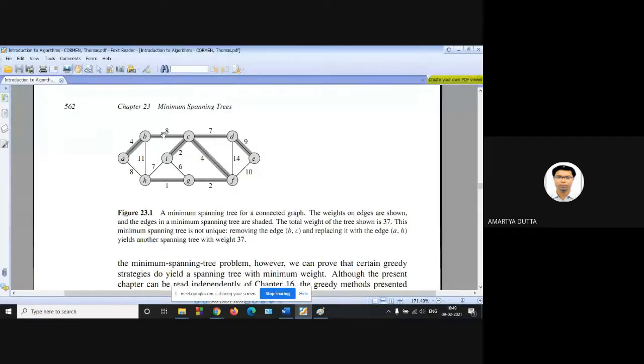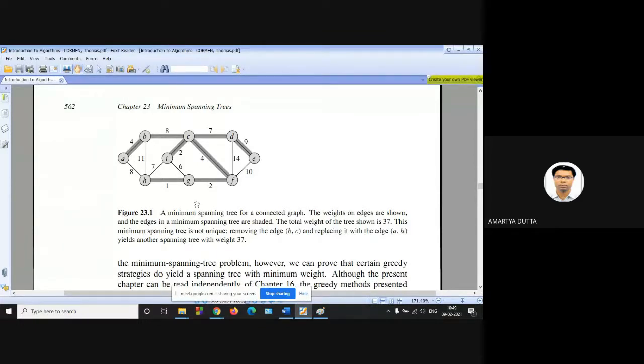So 4 plus 8 plus 2 plus 4 plus 7 plus 9 plus 2 plus 1, you can get the total weight 37. So this is the minimum spanning tree of the given graph.